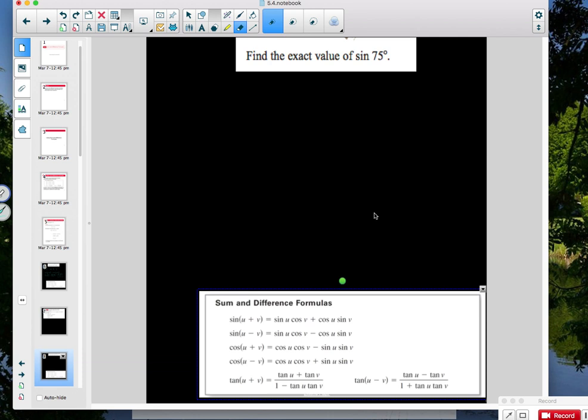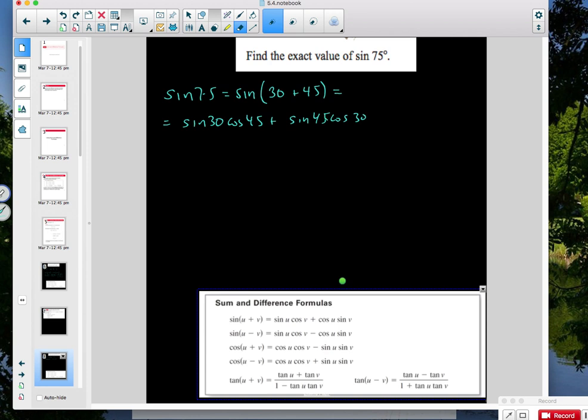So how can we express sine of 75? Sine of 75 degrees equals the sine of what? 30 plus 45. And now from the formulas I gave you, you're using formula 1 because it's the sum of the sines. So sine of 30 cosine of 45 plus sine of 45 cosine of 30.